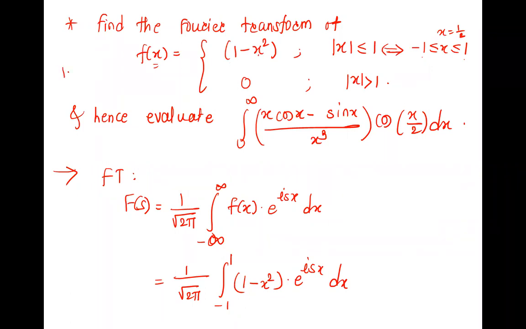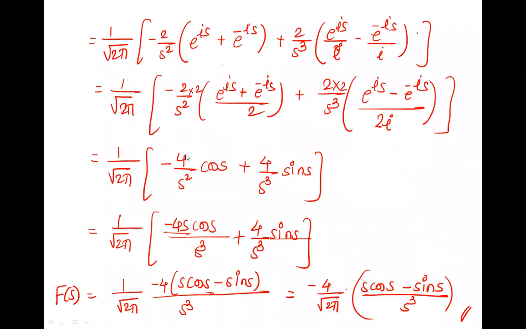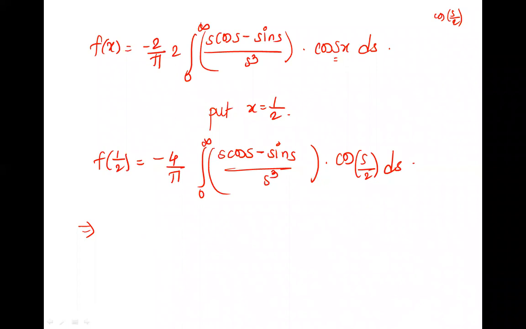In that we write x is half and solve: 1 minus 1 half square, 1 minus 1 by 4, 4 minus 1, 3 by 4. So f of half is 3 by 4.